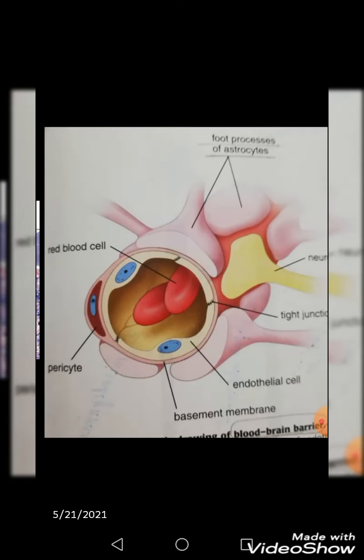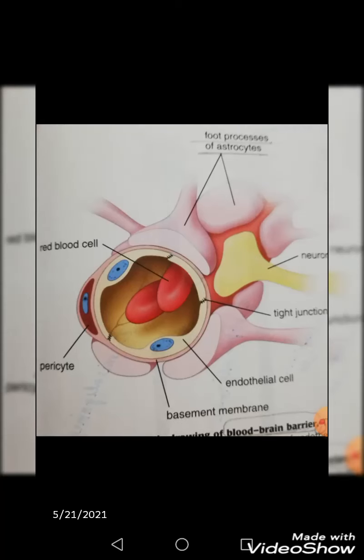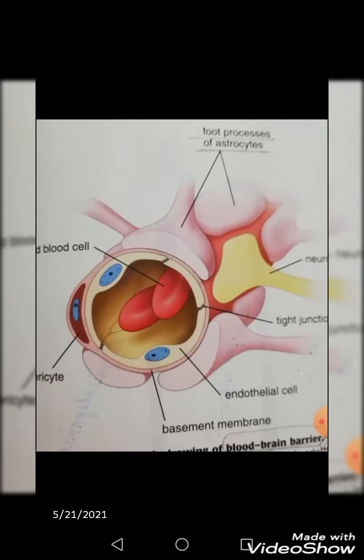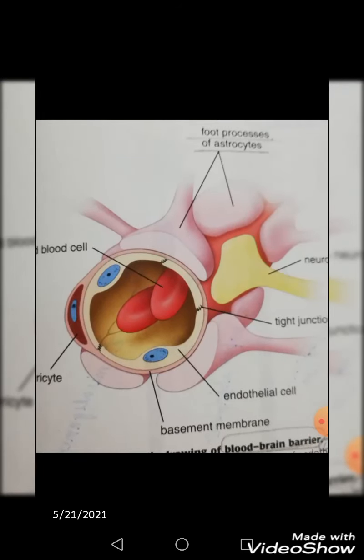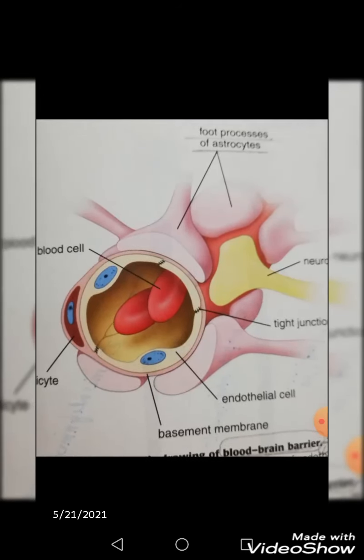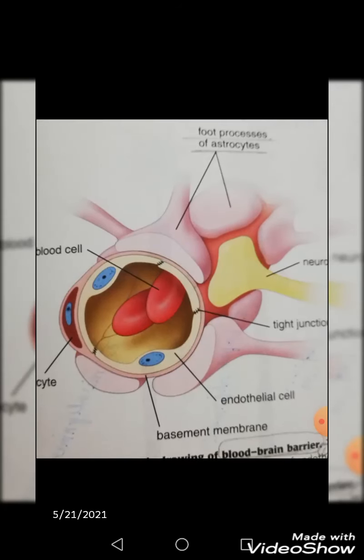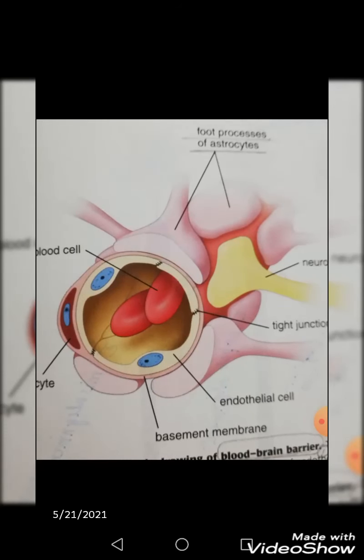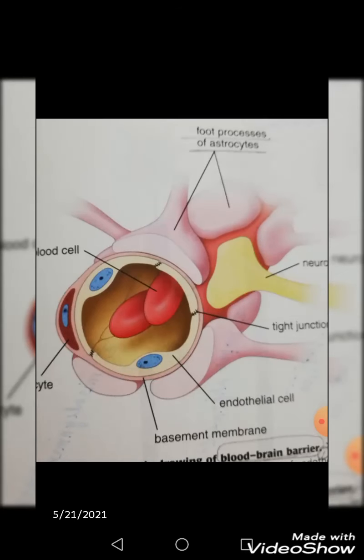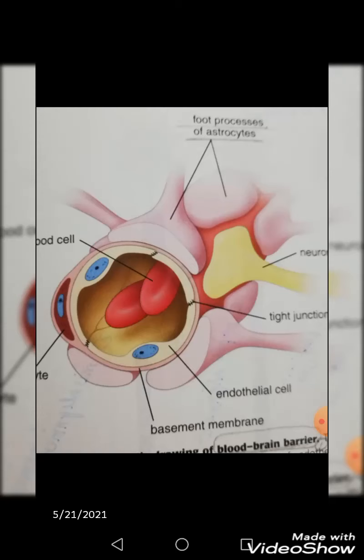If you concentrate on the picture, the blue colored structures are the foot processes of these astrocytes. Along with the endothelial cells of the blood capillaries, they make up your blood-brain barrier, and they almost completely surround the basal lamina of these endothelial cells, so they play a very important role in maintaining these occluding junctions between the endothelial cells of these continuous capillaries of the brain and the spinal cord, right?